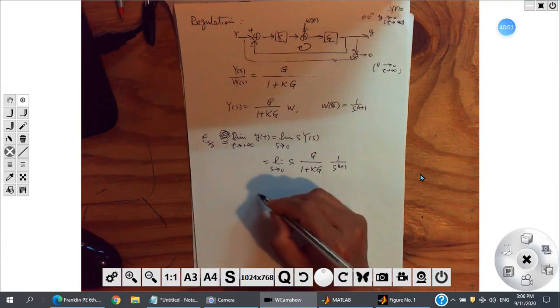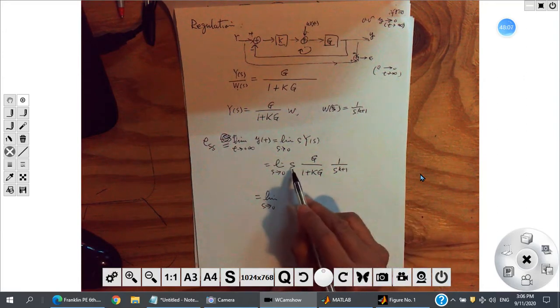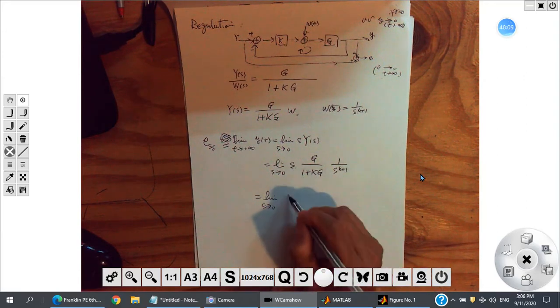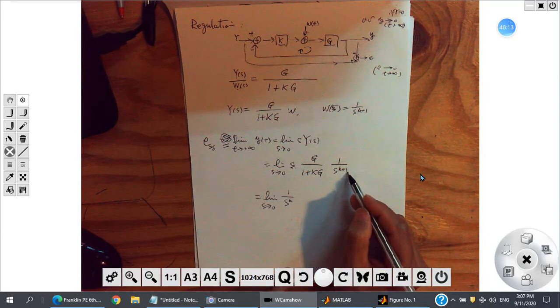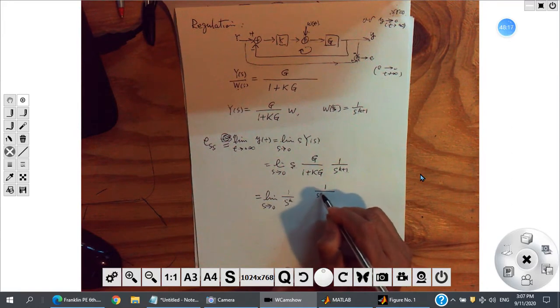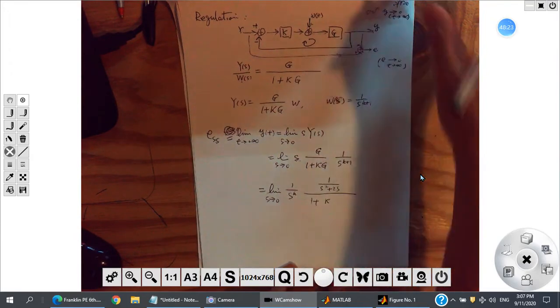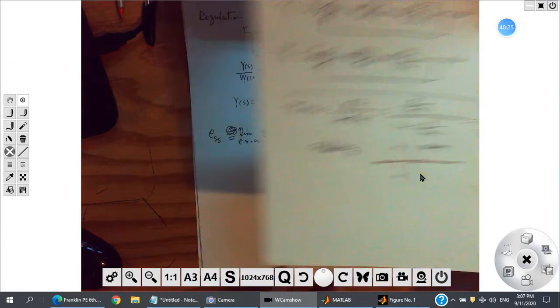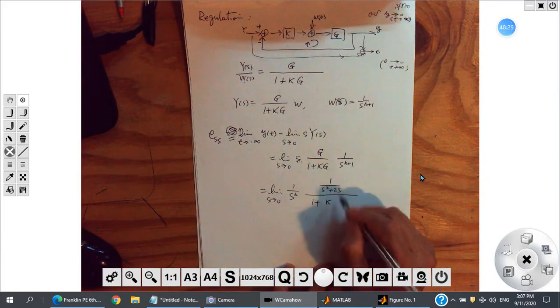This is the limit as S tends to 0, and I put these two together, that is 1 over S to the K. The plus 1 cancels, right? And G is 1 over S squared plus 2S, and 1 plus K times G, where G is 1 over S squared plus 2S.